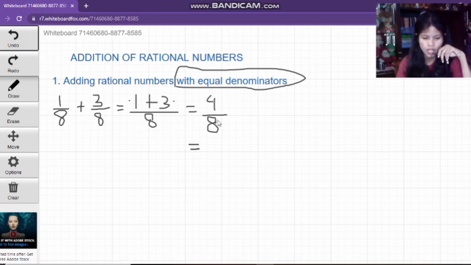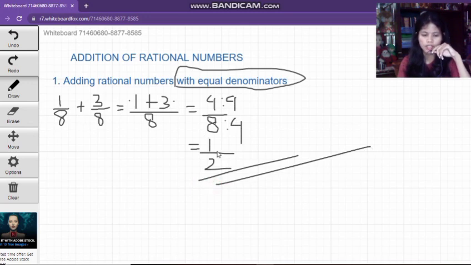With the numerator and the denominator, we divide by 4. 4 divided by 4 is 1, and 8 divided by 4 is 2. So we got 1 over 2, or 1/2.